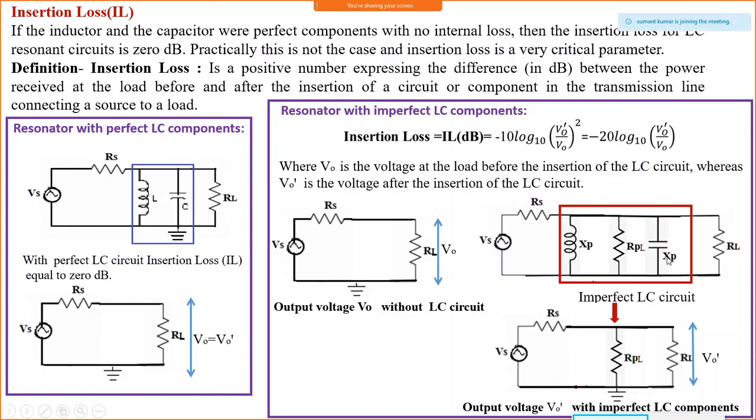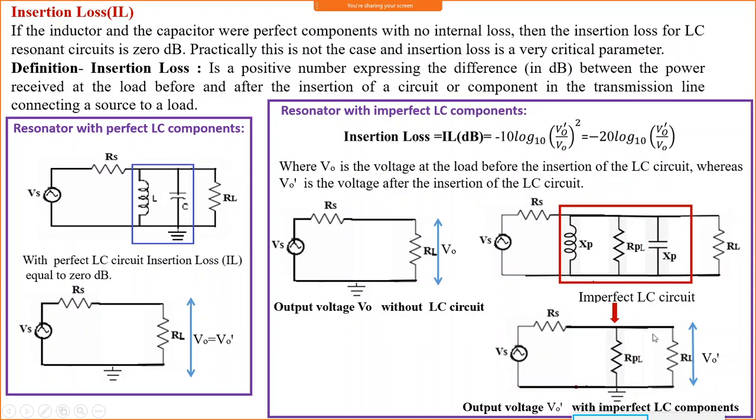If a capacitor is also imperfect, then what we have to do? We should include the resistance of this capacitor also here. Then two resistors will be there, RPL and RPC, and the voltage is across RPC, RPL and RL. So now I have taken only the inductor as imperfect. Its resistance we should take while calculating the output voltage V naught dash.